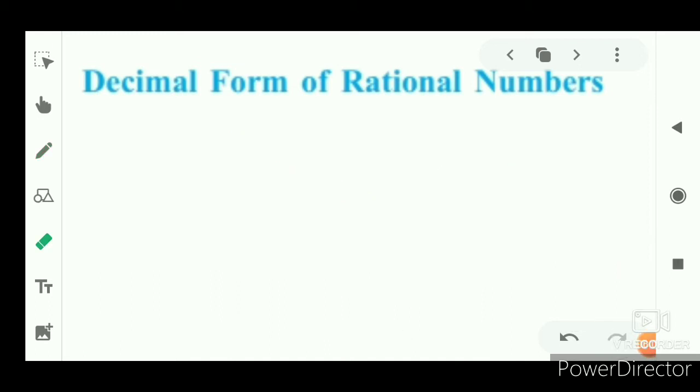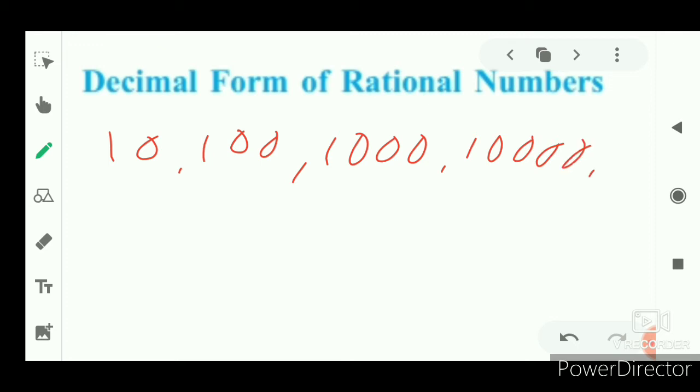It means that if we divide any number by 10, 100, 1000, 10,000 and so on, then the decimal point will go that number of steps in the backward direction.